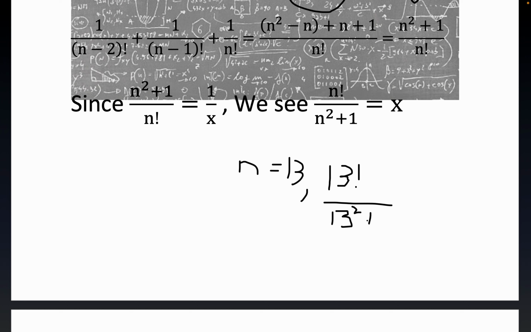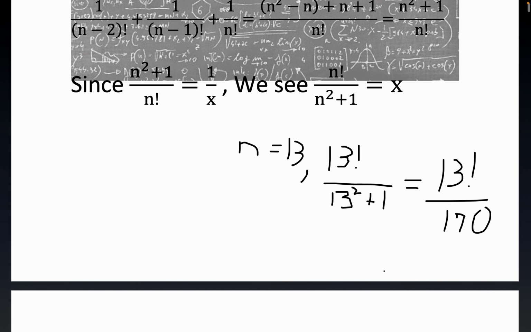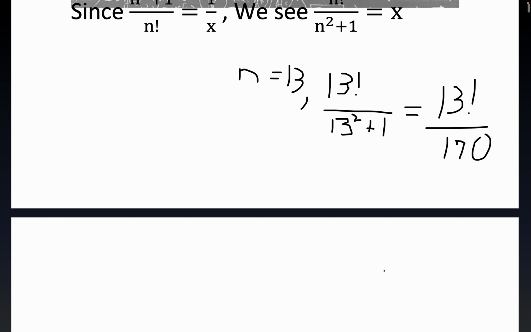Okay, so this is equal to 13 factorial over 170. It's going to be a huge number. 169 plus 1 is 170. All right, and so I guess if this is a math competition, you just leave the answer this way. But if we must simplify it, this would be what?